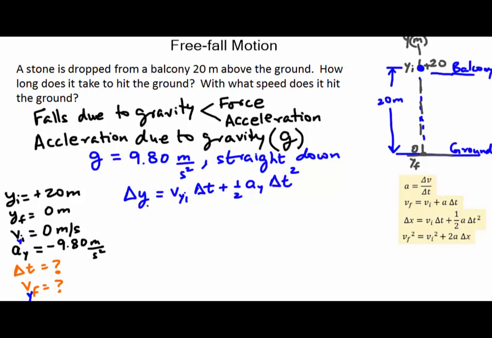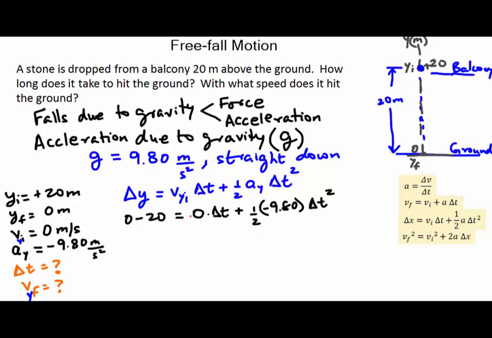So now delta Y we know is simply YF minus YI. So this would be 0 minus 20. Remember, the change is always final minus initial. And that would be equal to VYI, which is simply 0, times delta T plus 1/2 AY, which is minus 9.80 meters per second squared, and I have delta T squared.